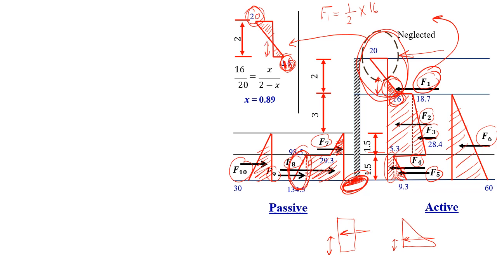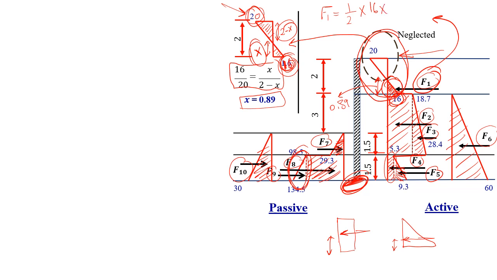We can assume that the height of the smaller triangle is x, so the height of the other triangle is 2 minus x. So in this case, 16 over 20 is equal to x over 2 minus x. Solving this equation using our calculator, we get x equal to 0.89. So now you have the height of your triangle, which is 0.89.